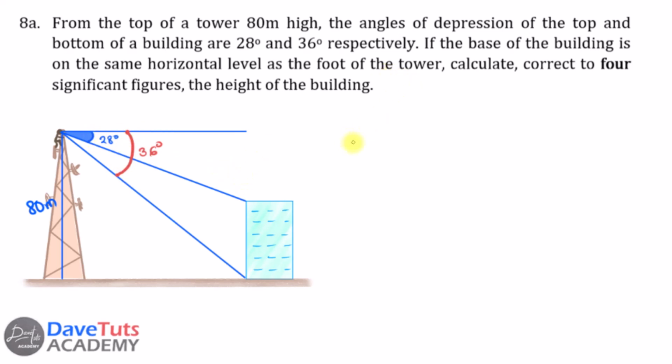So our mandate is to find the height of the building. For us to identify the height of the building, we'll be looking at something like this. Let's say we have this there. Then from here to here, this is the height of the building that we are asked to find, and we are asked to get it correct to 4 significant figures. So good.